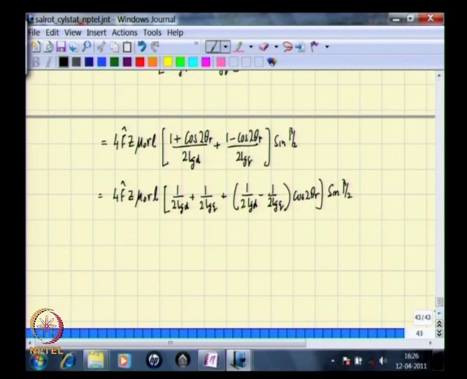Now let us define two inductance terms, one which we will call as LD. There must be a term IS here that is missing.